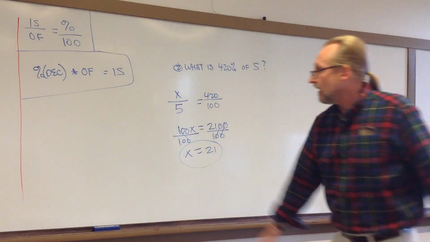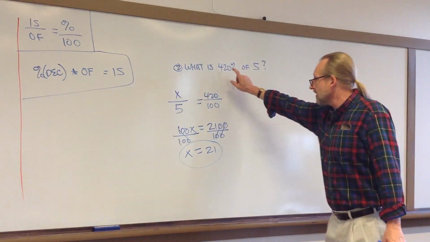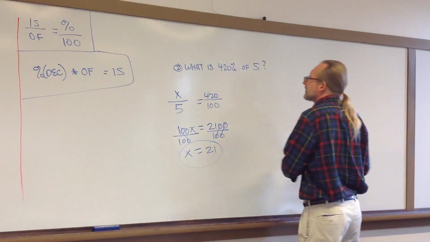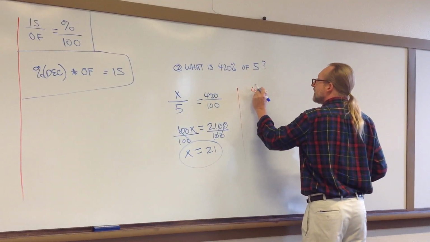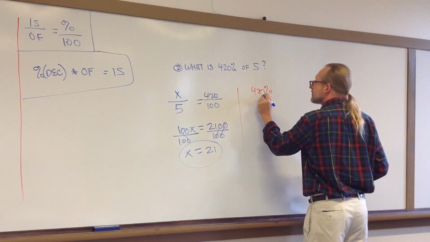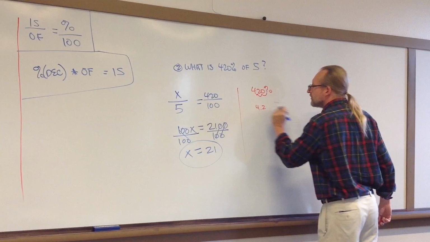Now if you want to use this other method right here, the percent as a decimal, here we would have to turn this 420% into a decimal by moving the decimal point 2 places to the left. And this would be 4.2.